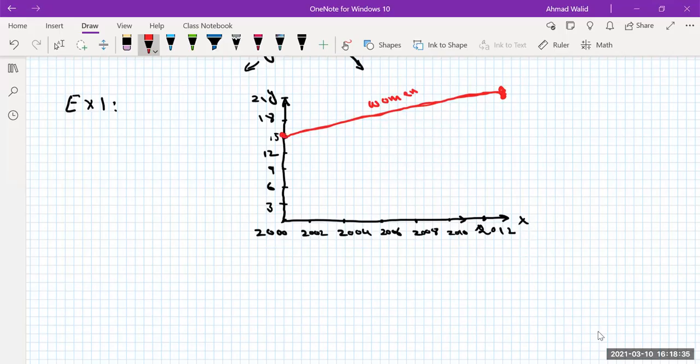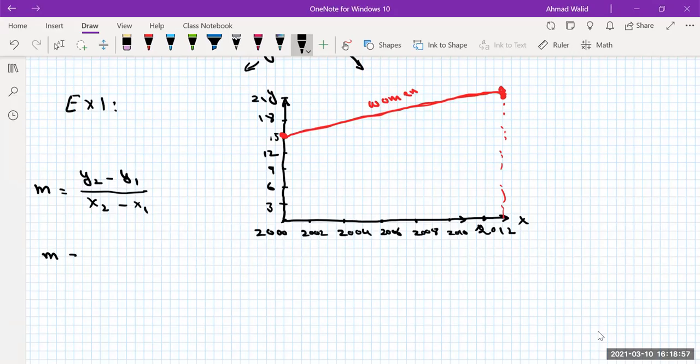You see, you have 2 points of the line. Can you easily find the slope of this line? Of course, the slope of this line, m equals y2 minus y1 over x2 minus x1, correct?